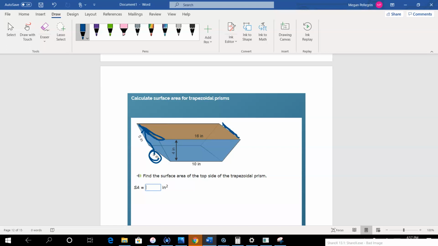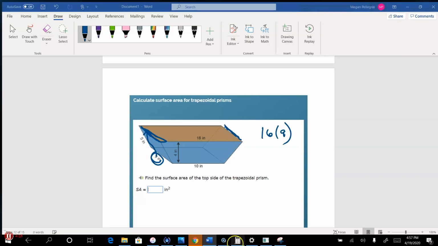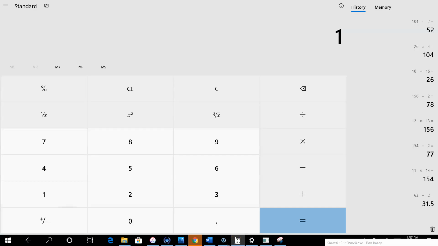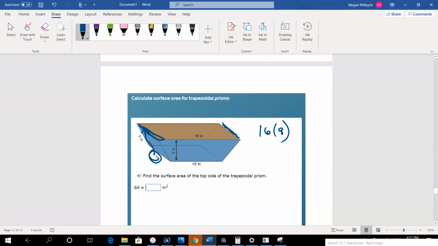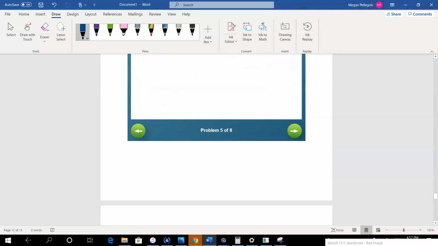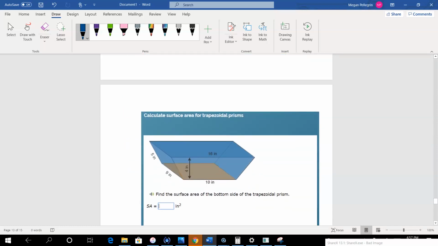So 16 by 9, or 16 times 9, gives me 144. So the rectangle is 144 inches squared. And then we have the rectangle at the bottom, which is a 10 by 9. So 10 times 9 is 90 inches squared.